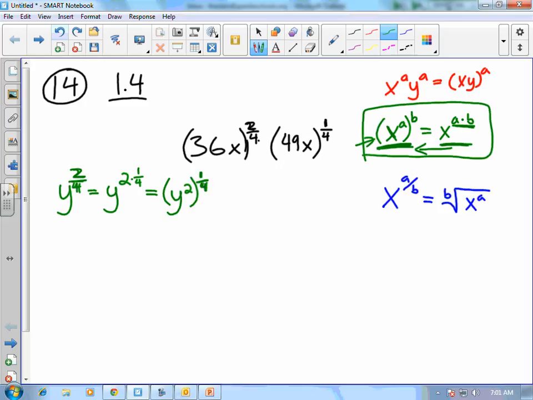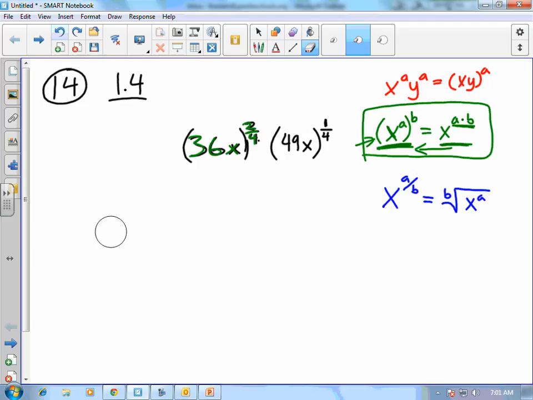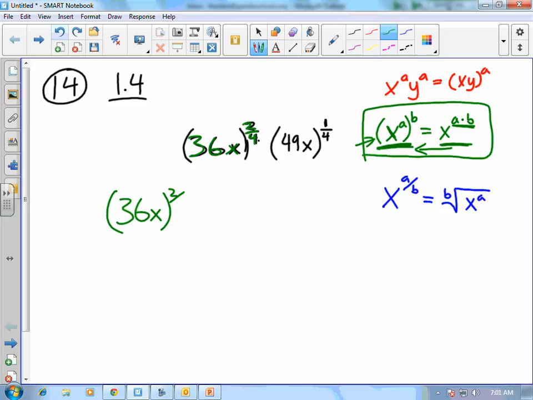And that's exactly what I'm going to do with this 36x to the 2/4. We're going to change that into 36x squared to the 1/4. So let's do that real quick, just as a recap. I have 36x to the 2/4.